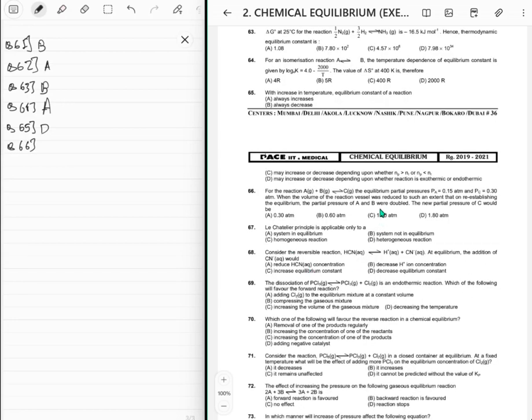For this reaction, the equilibrium partial pressure PA is this thing, PC is this thing, when the volume of the reaction vessel was reduced to such an extent that on re-establishing the equilibrium, the partial pressures of A and B were doubled.